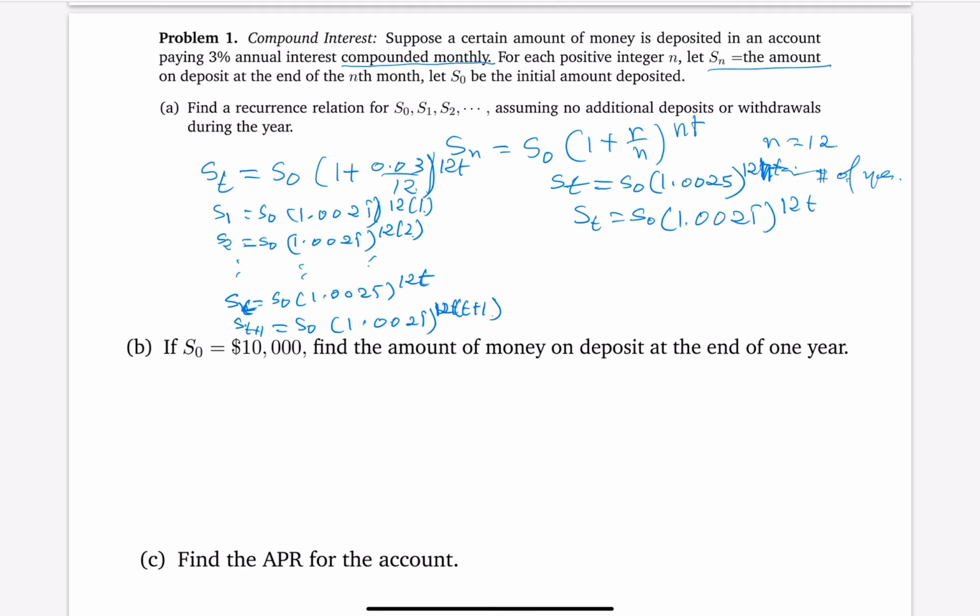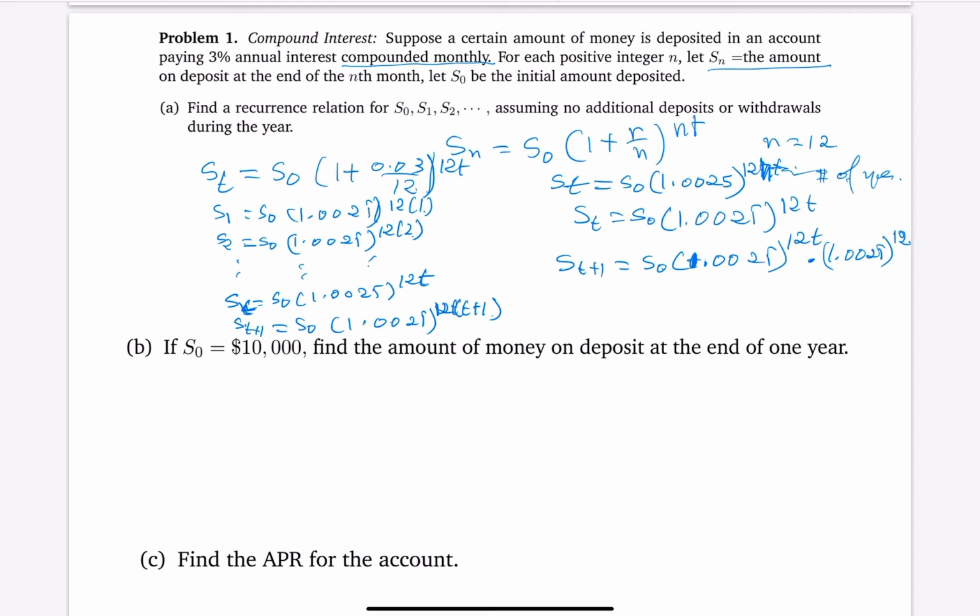So now from here you can tell St plus 1 is just S0 times 1.0025 to the 12t, times 1.0025 to the 12.